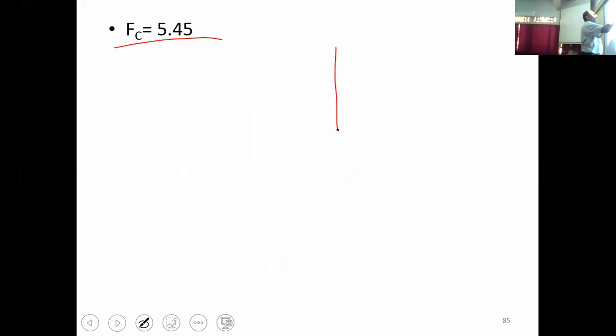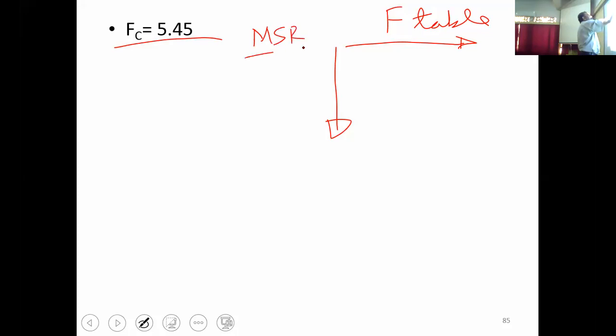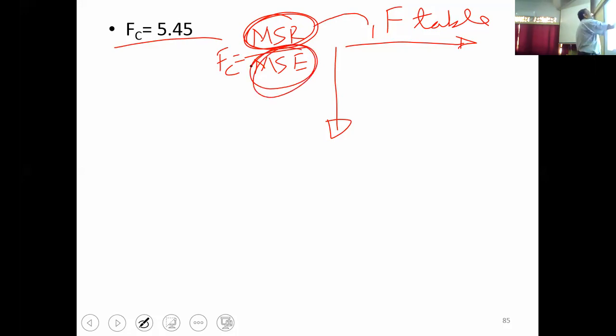How do we look at the table value? Go for the F table value. Take your F table. Here the numerator degrees of freedom, because the mean square regression is divided by the mean square error, gives my F calculated value. So what is the degrees of freedom of regression? That is 1. What is the degrees of freedom of error? That is 4.